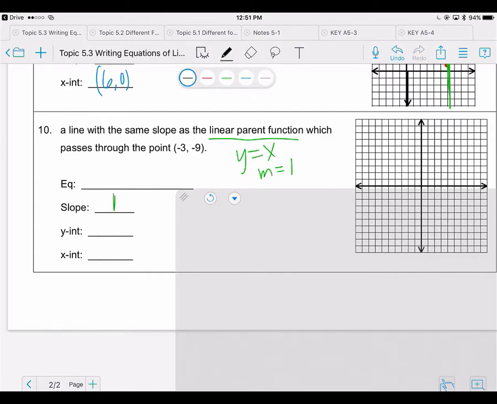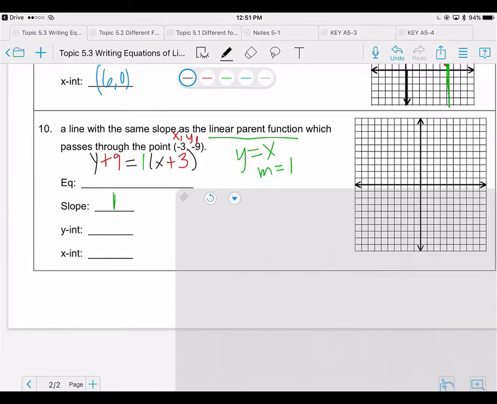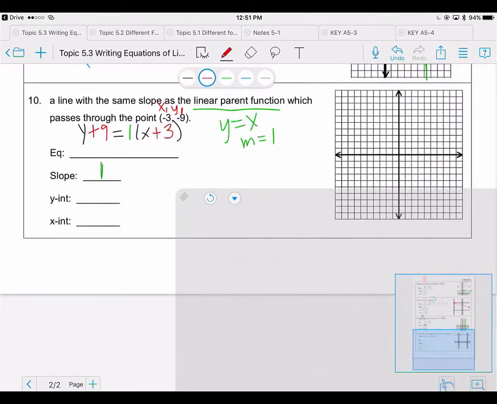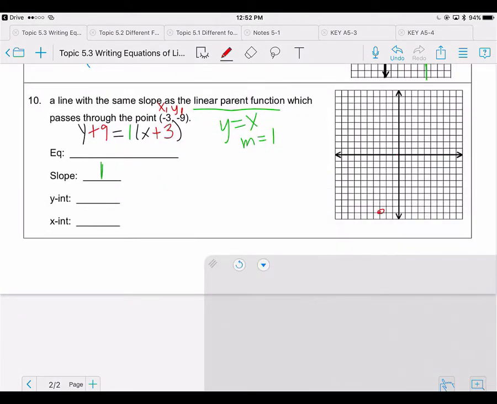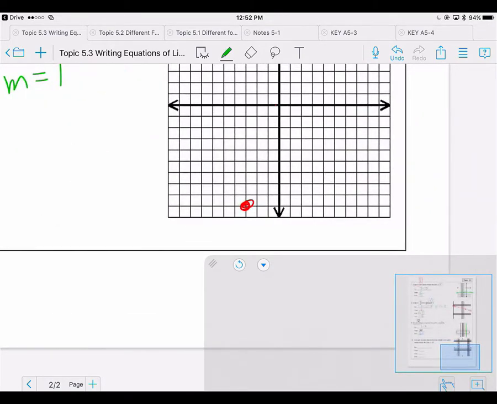So we could plug into point slope, y plus 9 equals m times x plus 3, because again, opposite signs, and we could solve, or we could plot the point -3, -9, and then use our slope of up 1, right 1 to see where it's going to cross.